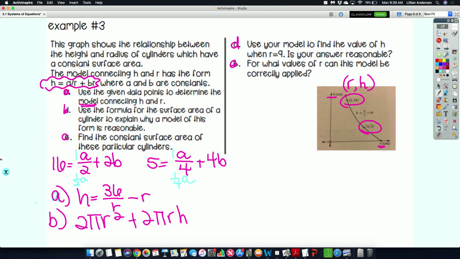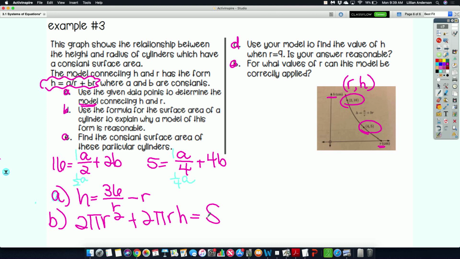Now, when you look at this equation for surface area, what do you notice about it? It has an r and an h. It basically has two variables. Actually, it has 3.